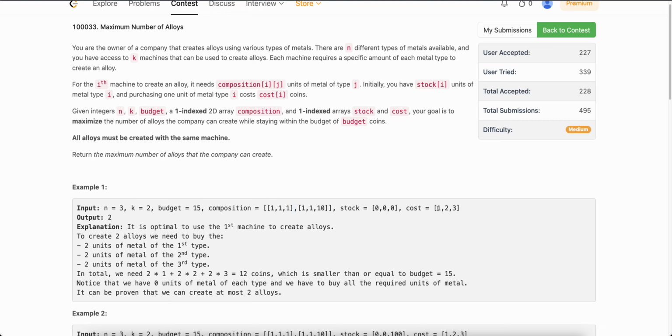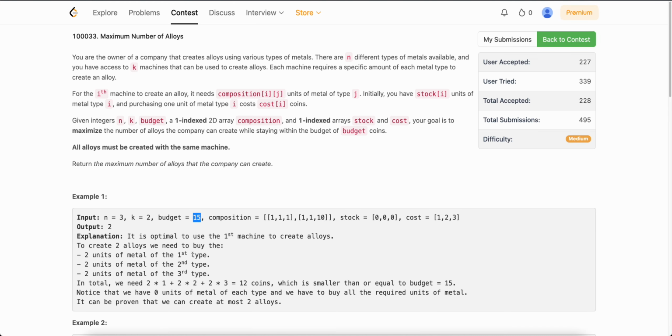Now to purchase 2 units of metal 1 you require 2 coins, 2 units of metal 2 you require 4 coins, 2 units of metal 3 you require 6 coins. 6 plus 4 plus 2, 12. So in 12 coins you are able to make 2 alloys, and with any other combination you will not be able to make more than 2 alloys in less than or equal to 15 coins. So hence the answer is 2. I hope the problem statement is clear.